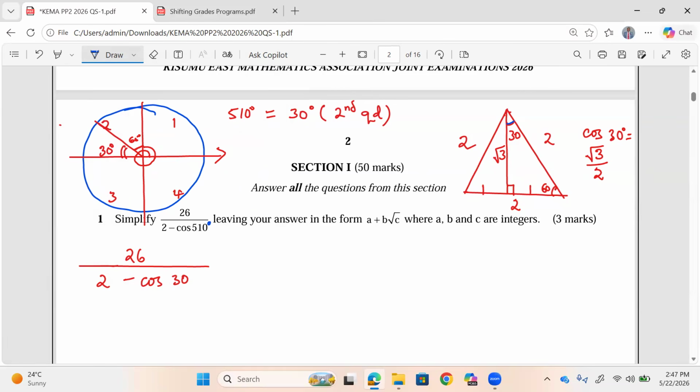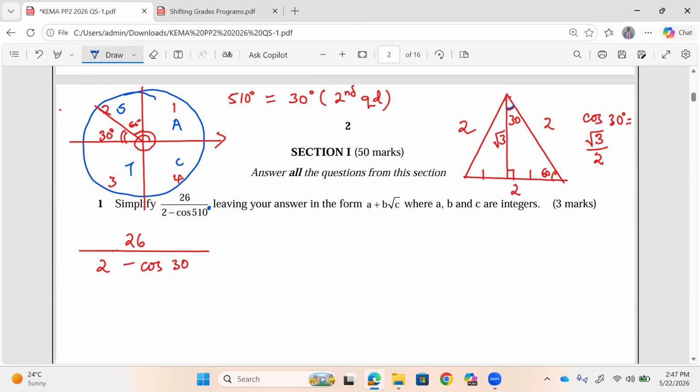Now, apart from knowing the value of the cosine of 30, we said it is a 30 which is in the second quadrant. In the first quadrant, all trigonometric ratios are positive. Here, it's only sines. Here, tangents only. Then cosines are positive in the fourth quadrant. So in the second quadrant, cosines are negative.